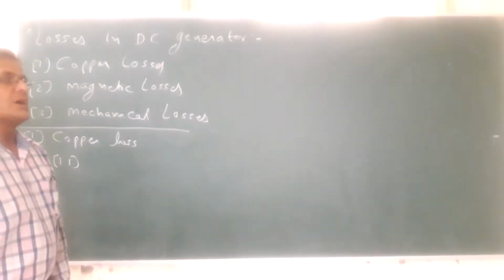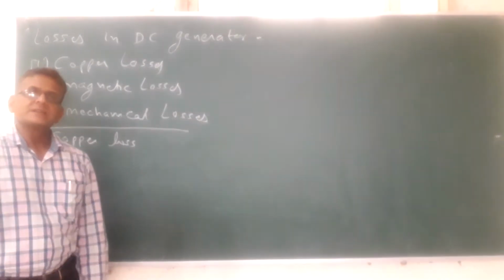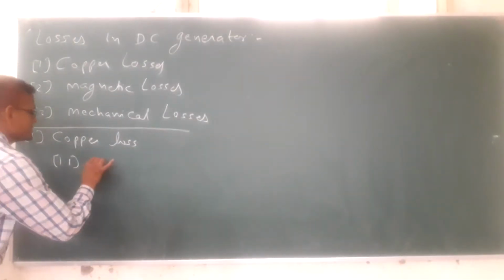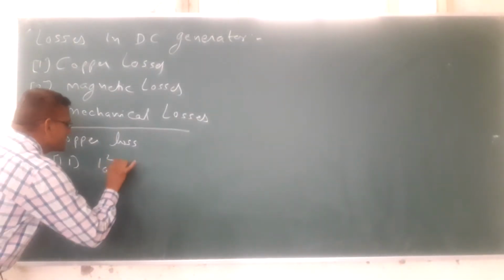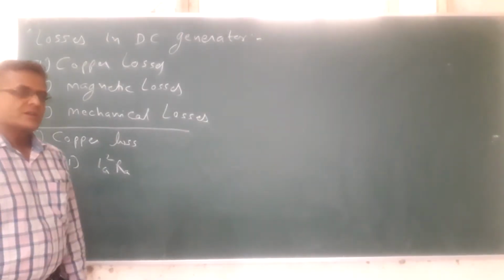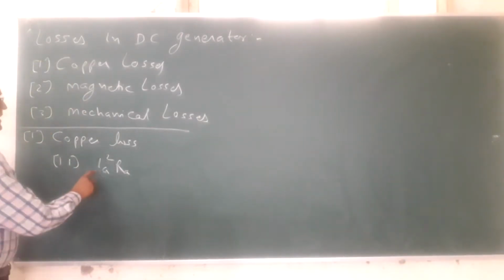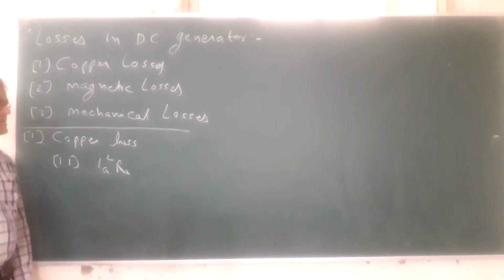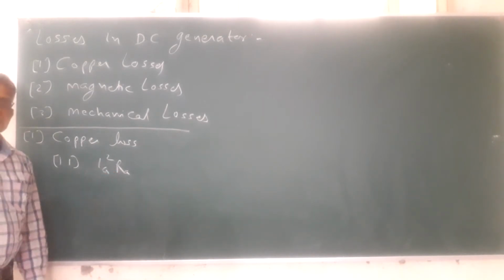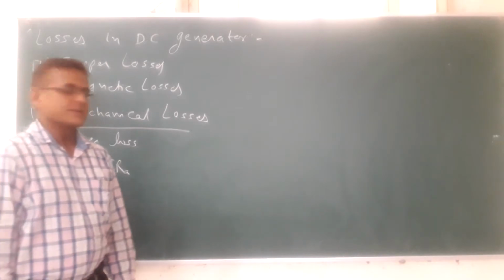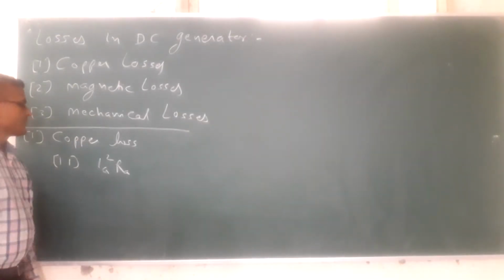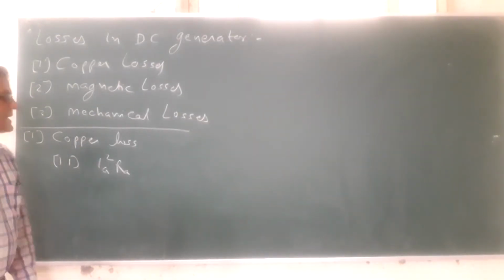When armature current flows in armature winding, then copper loss IA square RA will take place in armature winding, where IA is armature current and RA is resistance of armature winding. This loss is due to resistance of armature winding.